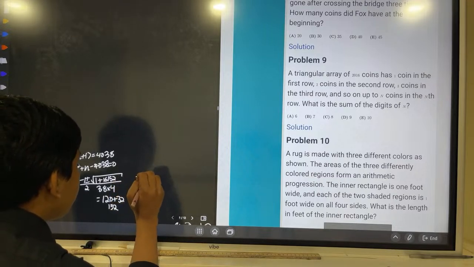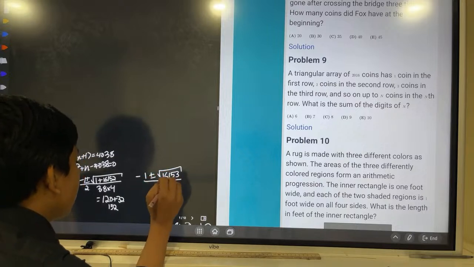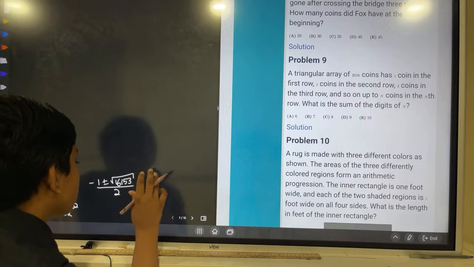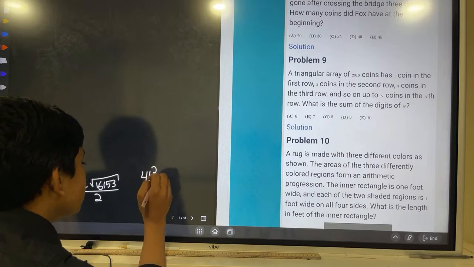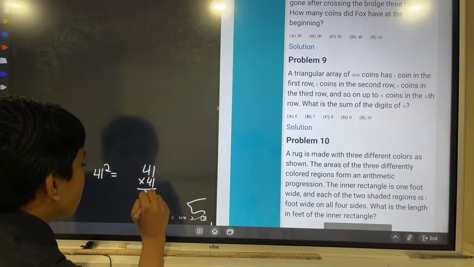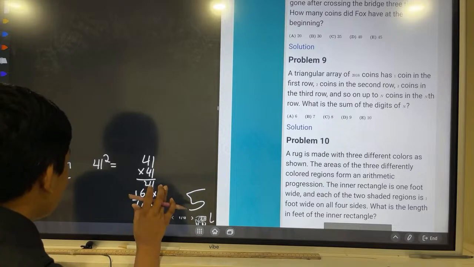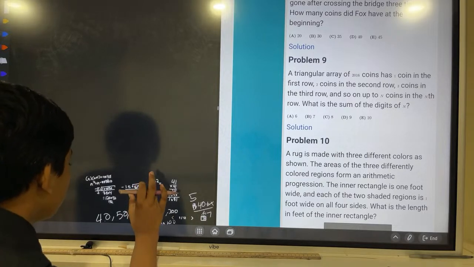Minus 1 plus minus the square root of 16153 over 2. What's 41 squared? 1681. Wait, no, this is 16,000.